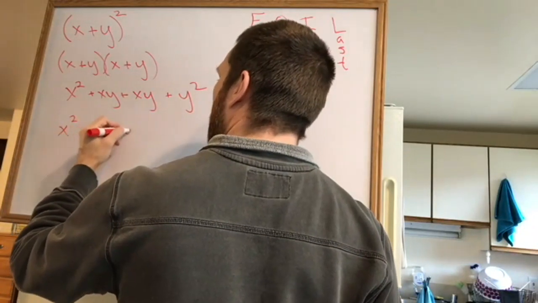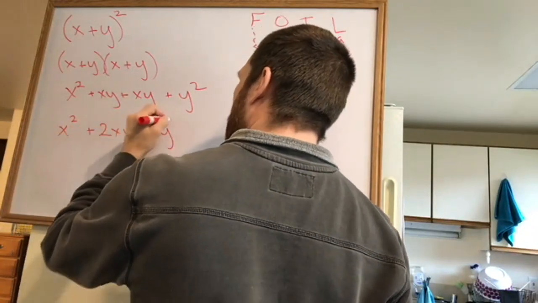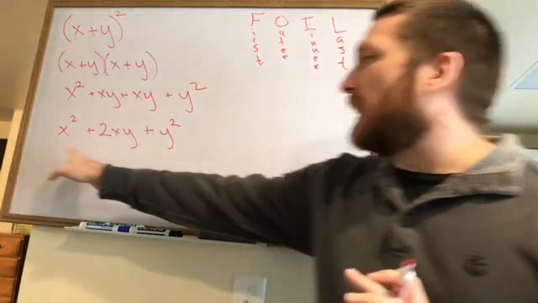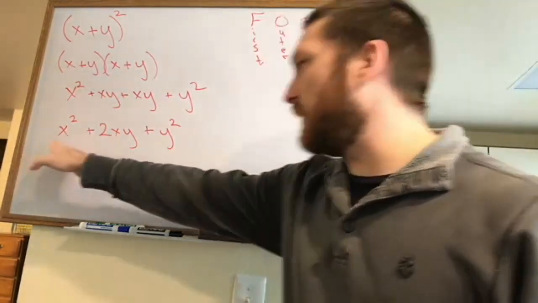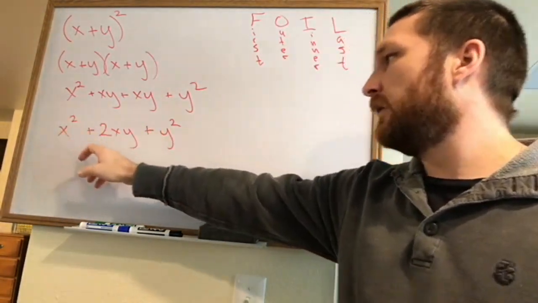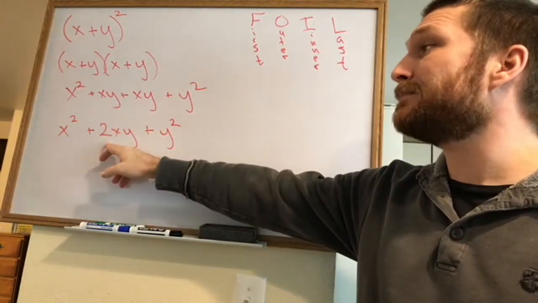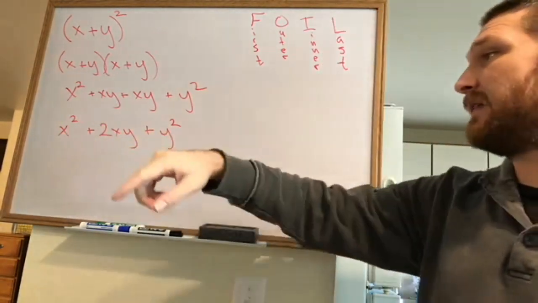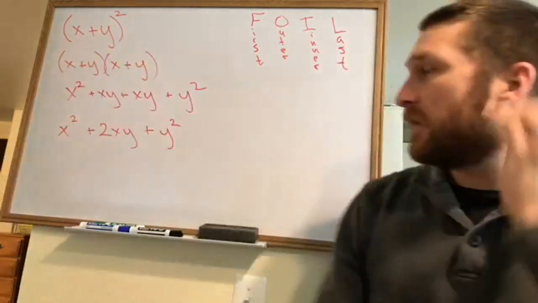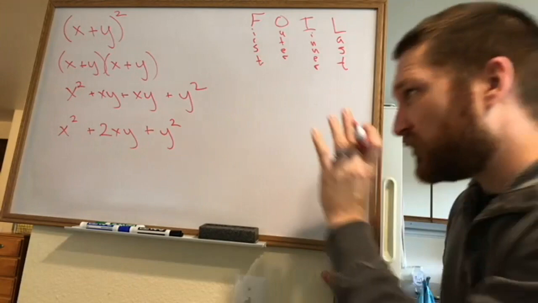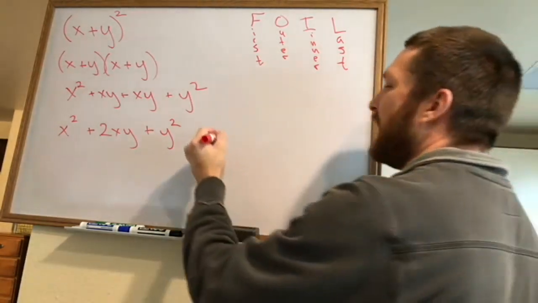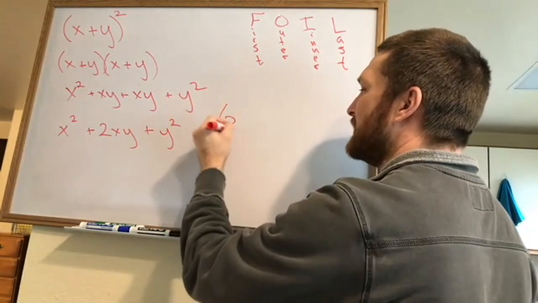Plus 2xy plus y squared. So this is the form of a perfect square. It's some value squared, plus 2 times whatever that value times that value is, and then the last value squared.